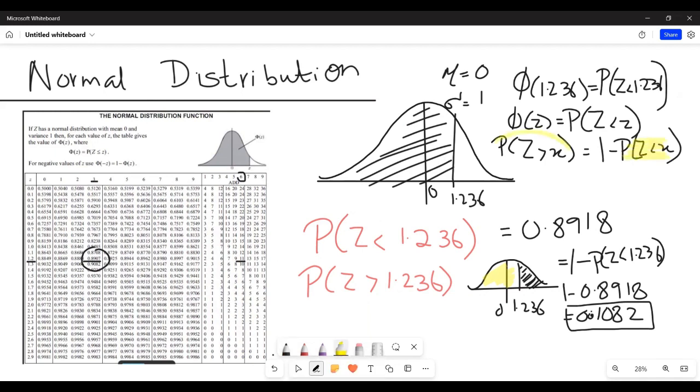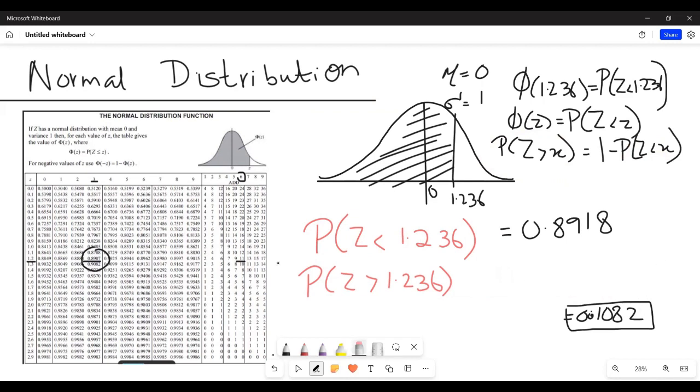You cannot directly read this from the table. Okay. Now let me just write the answer next to it. 0.1082.